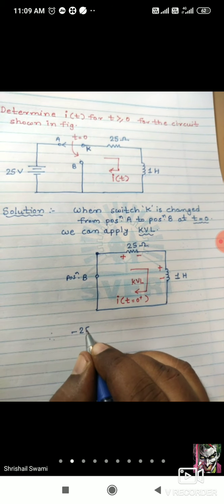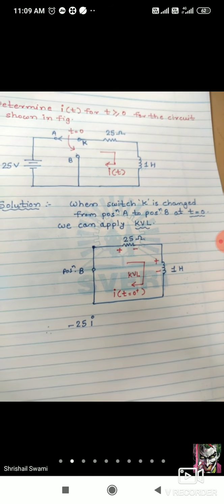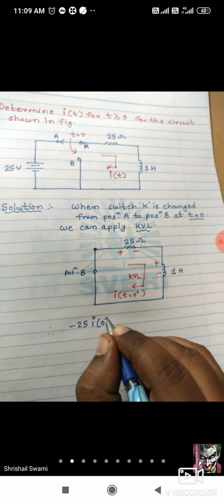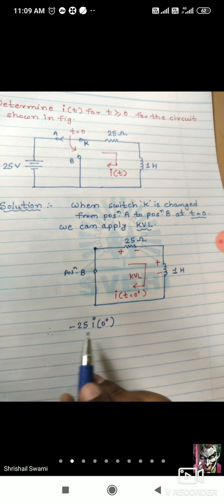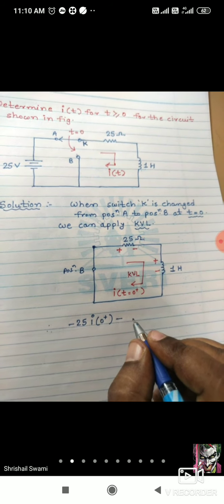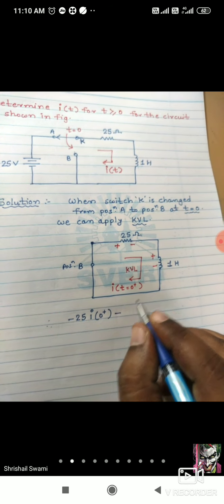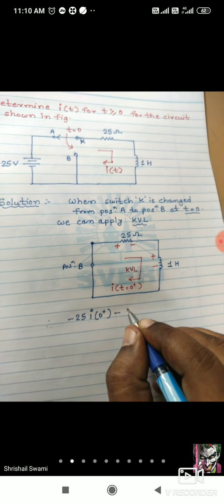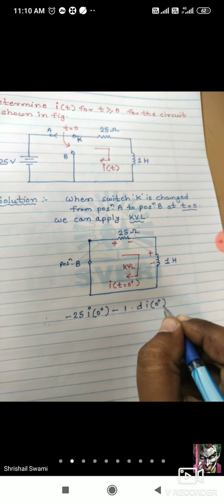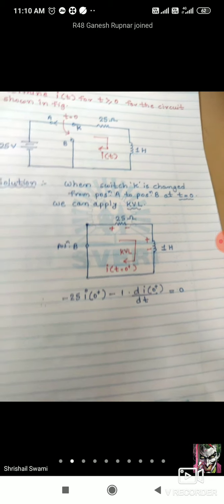Minus 25 into I. Instead of I of t at 0 plus I will write I. Or you can write I of 0 plus. Minus 25 into I of 0 plus, minus, for the inductor, L into di by dt, that is L is 1 into di of 0 plus divided by dt is equal to 0.